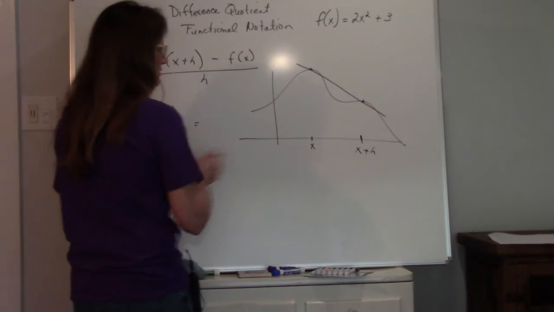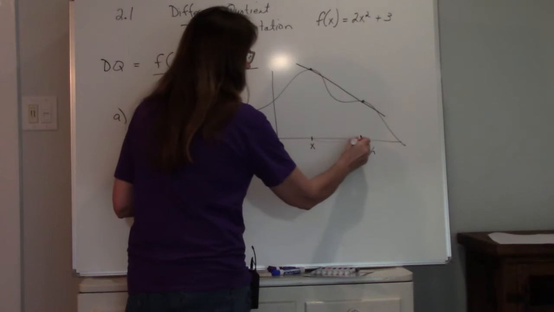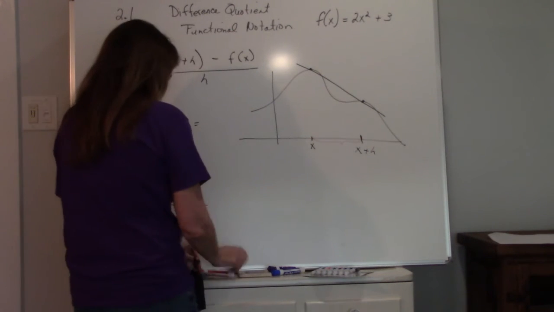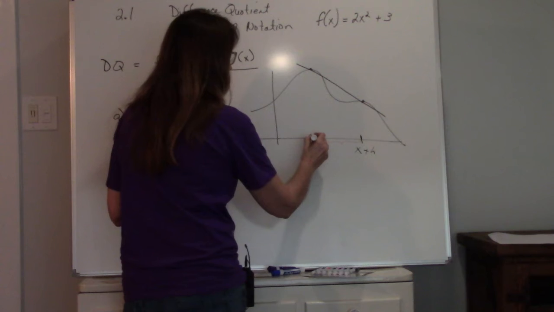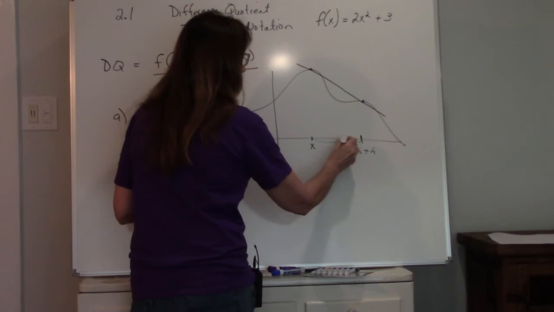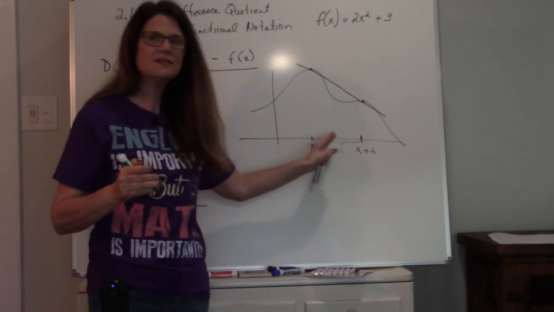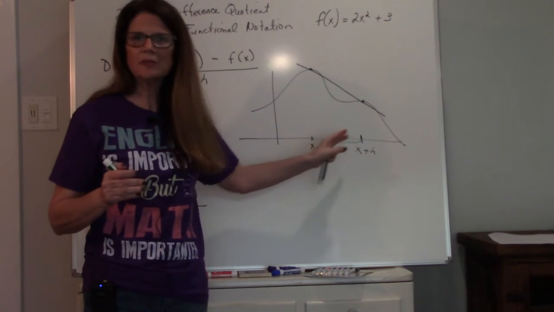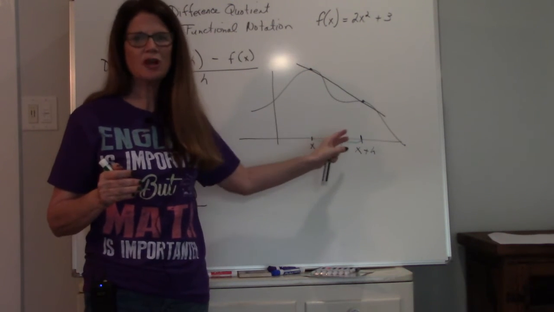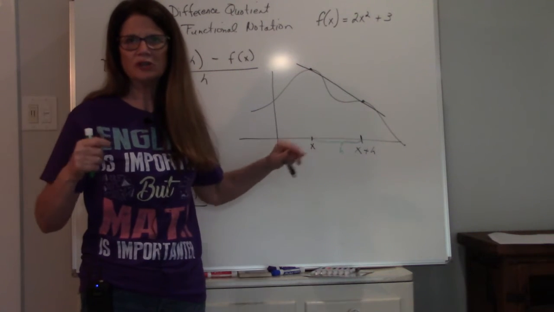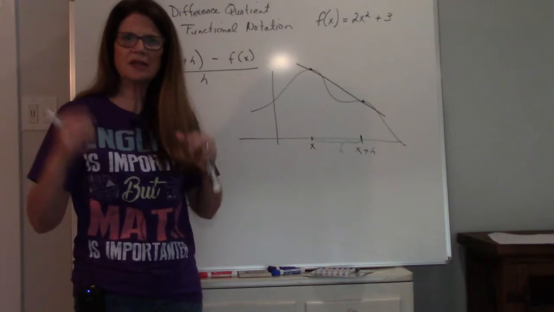What this means is this amount right here, I don't know if you can see that, my pen is a little bit light. So this amount right here, we're going to call that h. So it is the x value plus a distance, plus an amount. We don't know what that amount is, we're just calling it h in terms of an unknown. Okay, so it's x plus an amount.